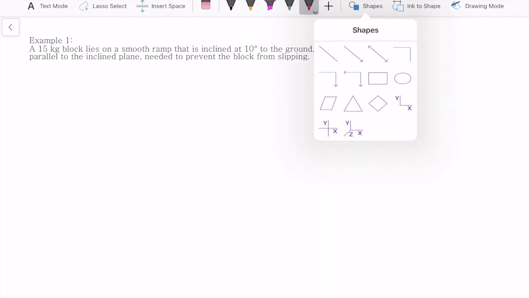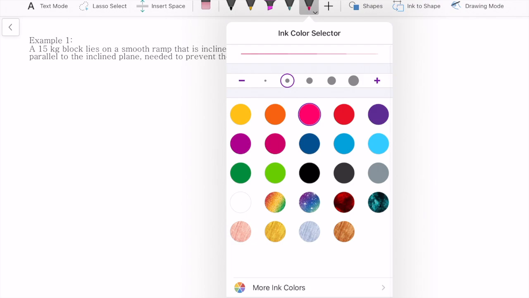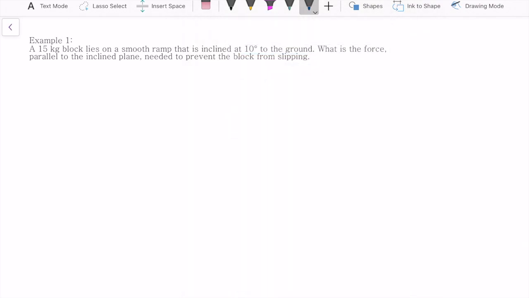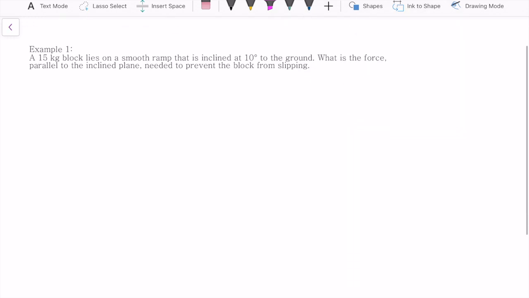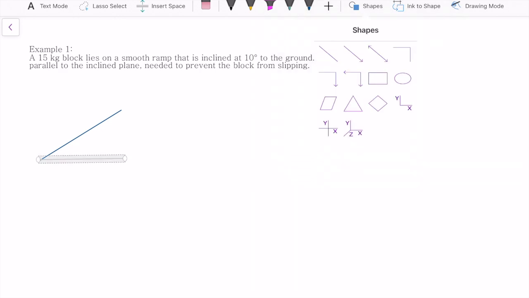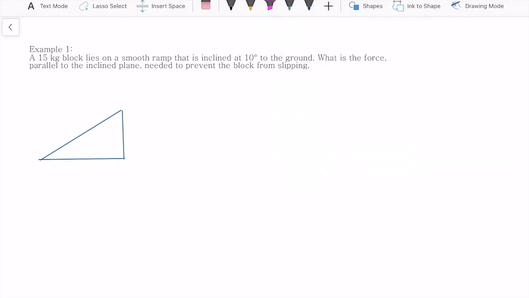So first off, it's always good to draw a vector diagram. So we'll draw that now. We'll draw a ramp. So it's something like this. So this is our ramp, and let's say there's a box, the block is here.